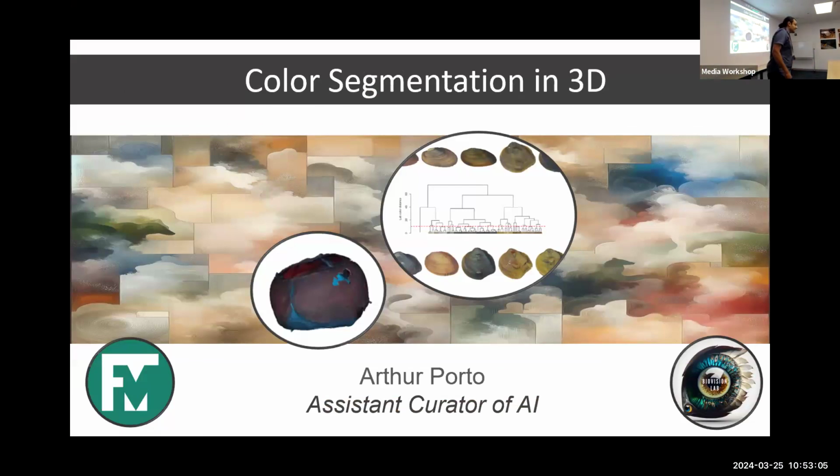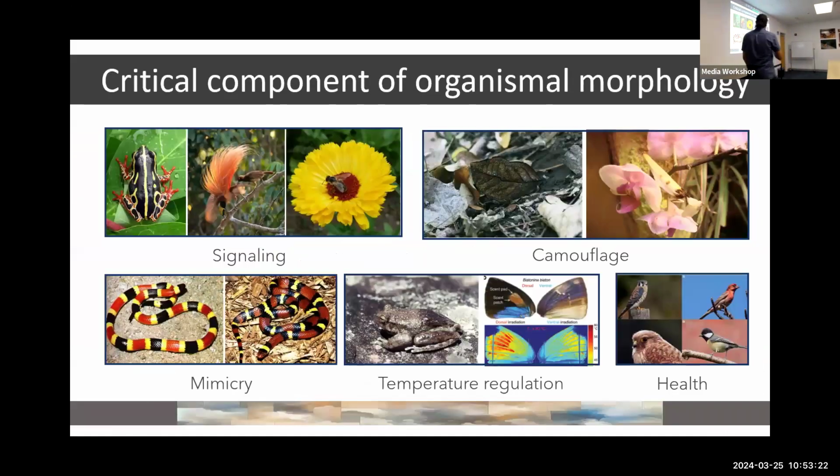So today I'm going to talk about a very, and I can't emphasize this enough, a very recent interest of mine. I wanted to talk a little bit about some work I'm doing with regards to color. But why color? As you all know, color is a critical component of organisms.